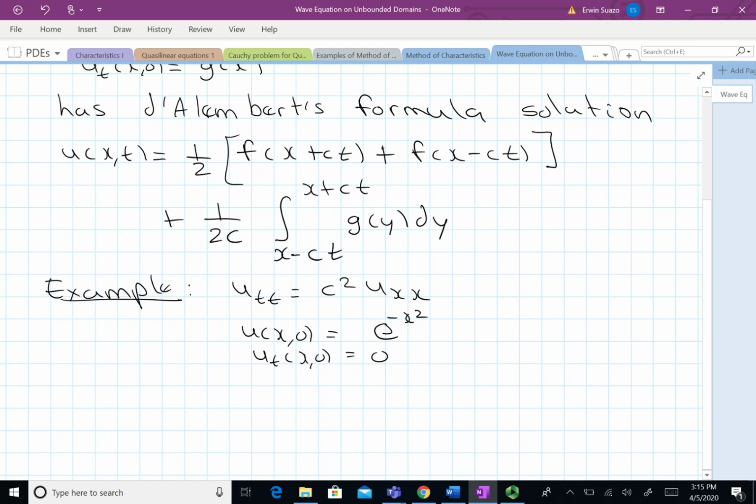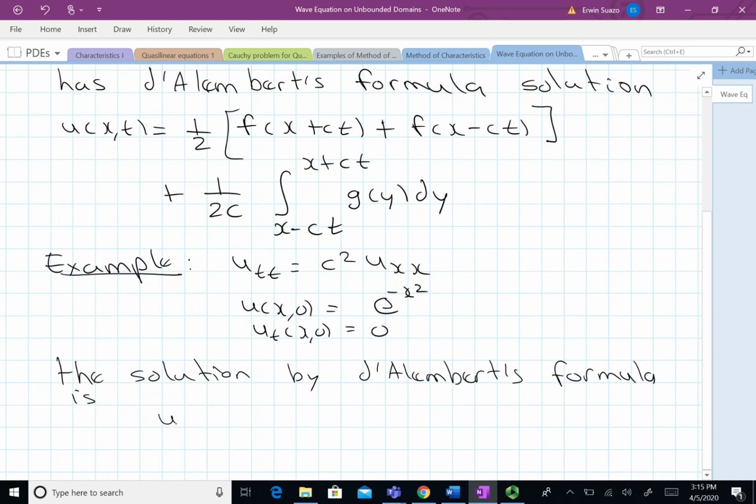So what my formula is saying is that my solution, by d'Alembert's formula, is u(x,t) equals 1/2 of f of x plus ct plus f of x minus ct.